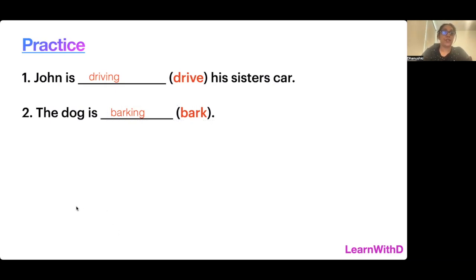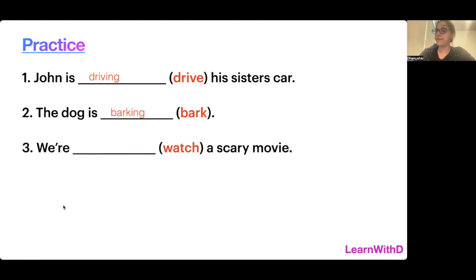So let's look at the third sentence. We are, watch is the verb, a scary movie. We are watching a scary movie. Okay, because remember, we have to add the ing at the end of the verb.